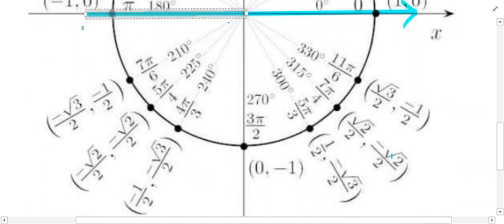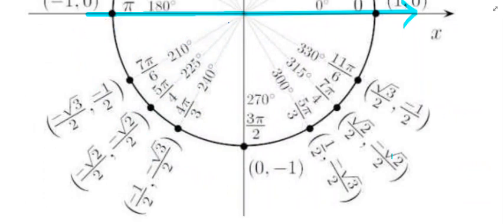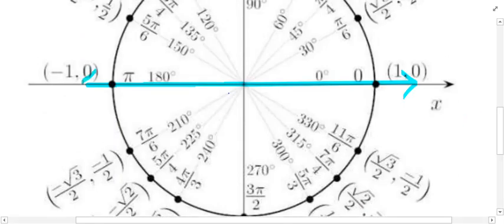This is going to be our terminal side. We started along the initial side and rotated half a circle clockwise. This is negative pi radians, or negative 180 degrees. That's what this angle looks like.